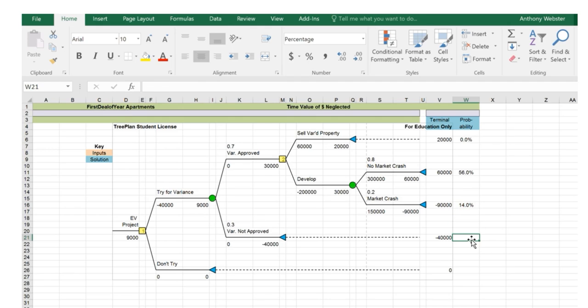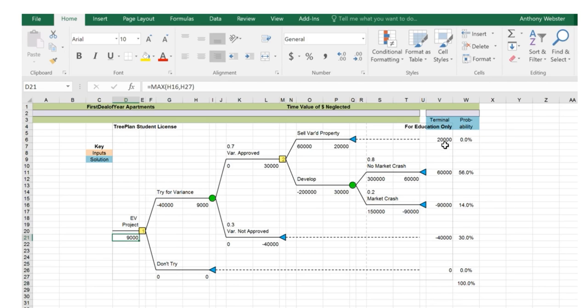And what's our probability of the variance not being approved? That's 30%. We put that here. And it's telling us down here we should go ahead and try. So our probability of not trying is 0. Okay, so let me sum up my probabilities. They better add to 1, which they do, 100%. And now let me check the expected value of this project.